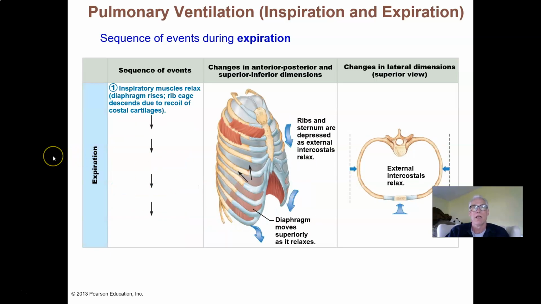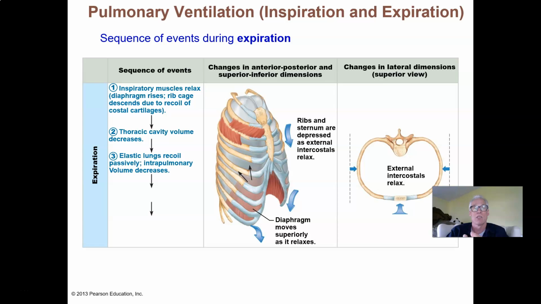Expiration, how do we get air out of the lungs? Expiration or exhalation. We first relax the diaphragm. If we're breathing at rest, all we do is relax the diaphragm. No extra muscle contractions are needed. All the alveoli are elastic and they are going to recoil, along with the chest wall, and those elastic recoil forces are going to reduce the volume in the thoracic cavity and in the lungs.